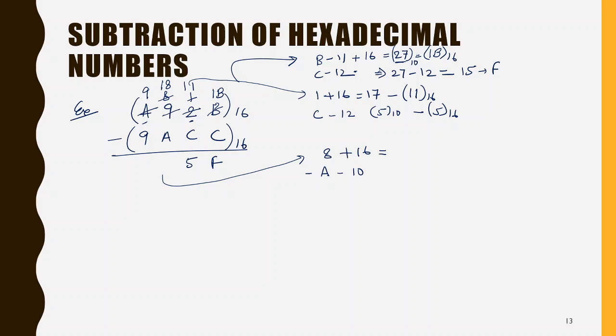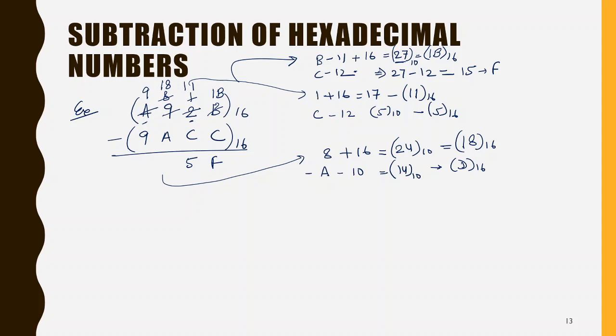16 and 8 is 24 in decimal. And how you write 24 in decimal is 18 in hexadecimal, right? So 24 minus 10 is 14 in decimal, and 14 in decimal is written as D in hexadecimal.